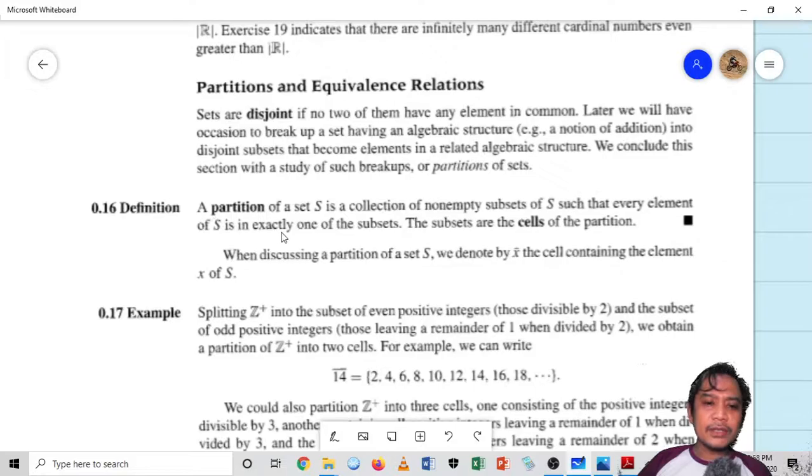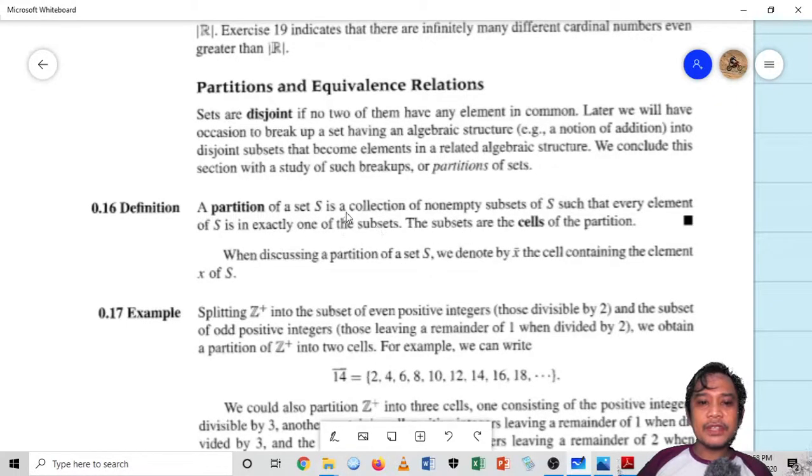We define a partition of a set S as a collection of non-empty subsets of S such that every element in S is in exactly one of the subsets. The subsets are called the cells of the partition. Okay?